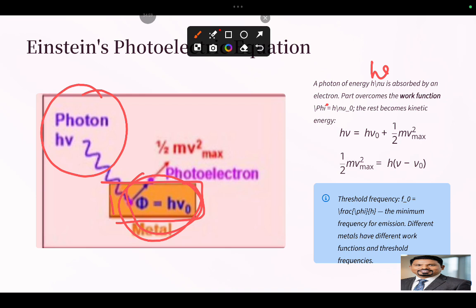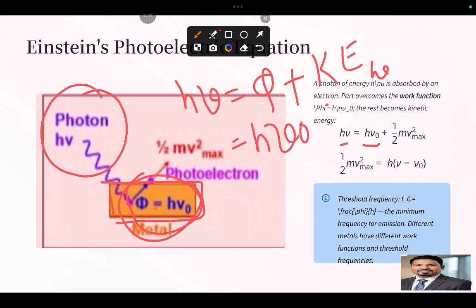So h nu equals the work function phi plus the kinetic energy K with which the electrons are emitted. Phi is nothing but h nu naught, and kinetic energy is 1 by 2 mv square max.